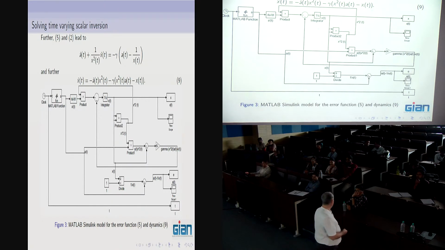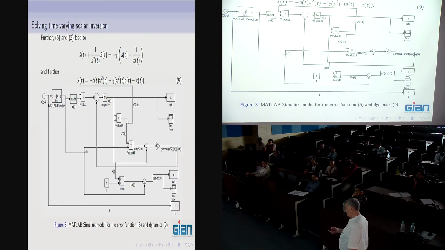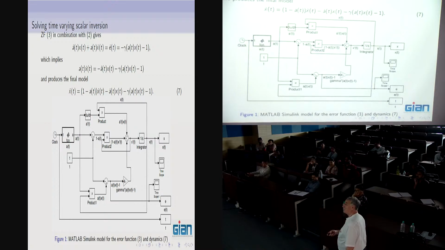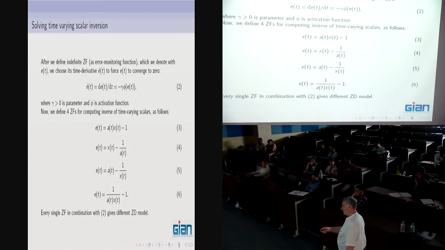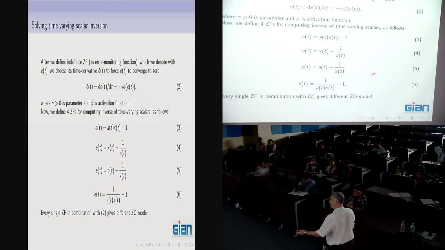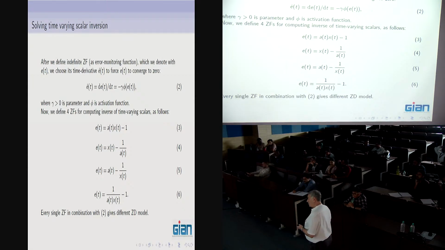We will analyze the first one, of course. The first one is the most simple, natural way to find the inverse of a scalar value. But theoretically, we can use error functions 4, 5, 6 and so on to define a ZNN model.